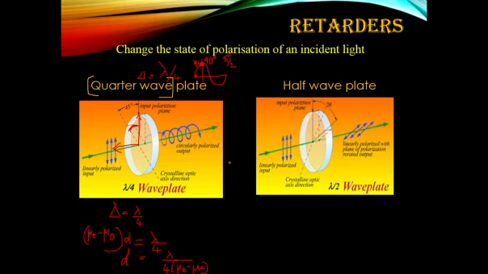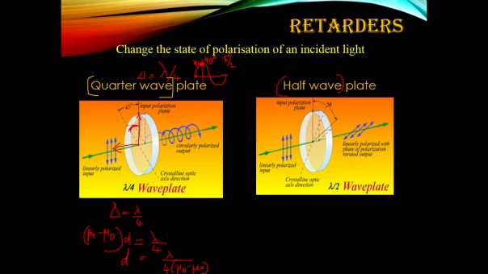Similarly, the half wave plate. So in the half wave plate, can you just explain it? Yeah, a half wave plate is such a material, or a retarder, which has, first you have to mention the optic axis.